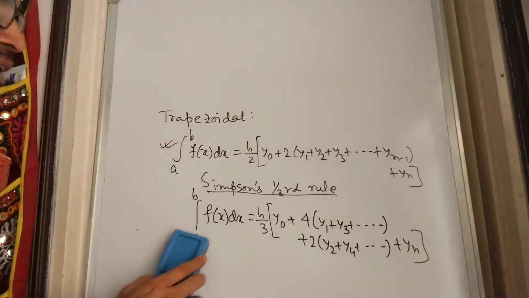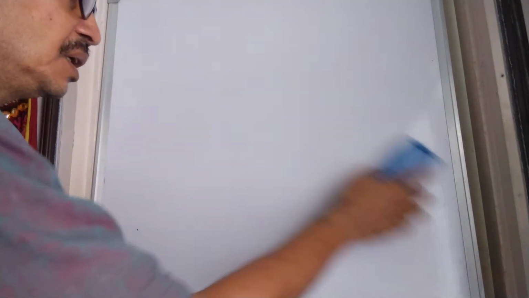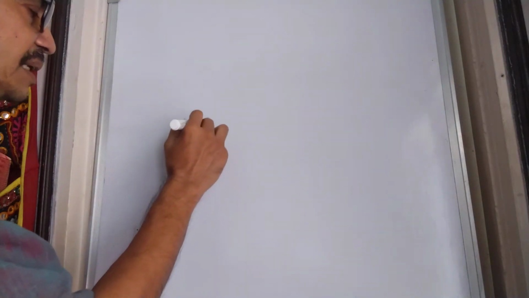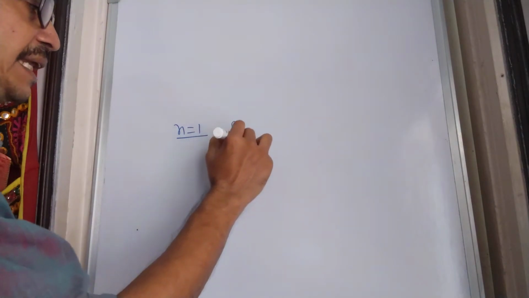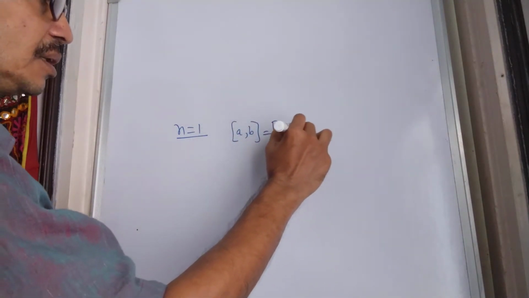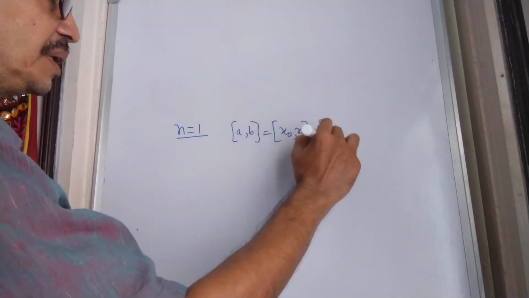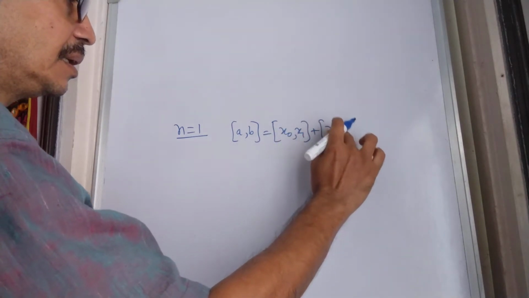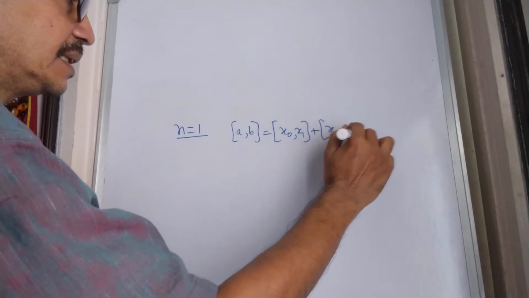Let us calculate the error involved in Simpson's 1/3 rule by the same technique. We should remember that in the trapezoidal rule we used n equal to 1, and the interval a to b was subdivided with this type of subintervals.